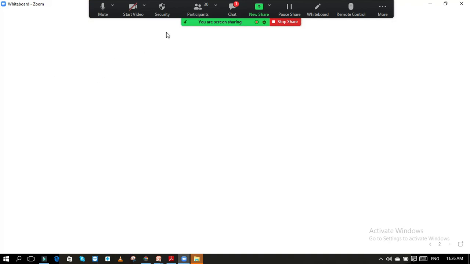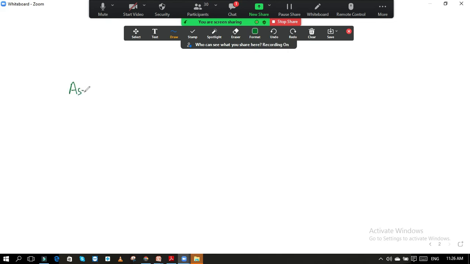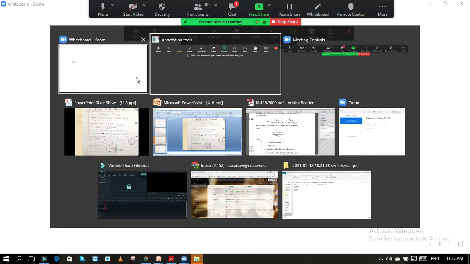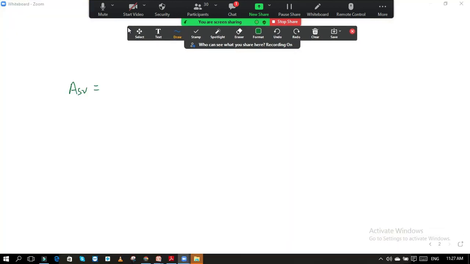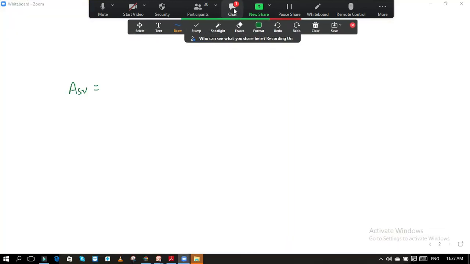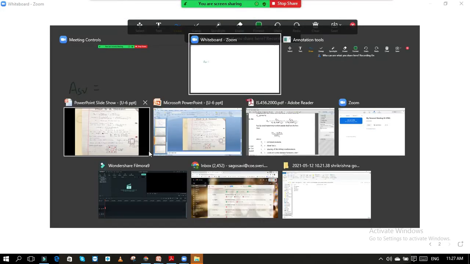Okay, so ASB is equal to... So from the IS code you can see the formula and you can write over here.